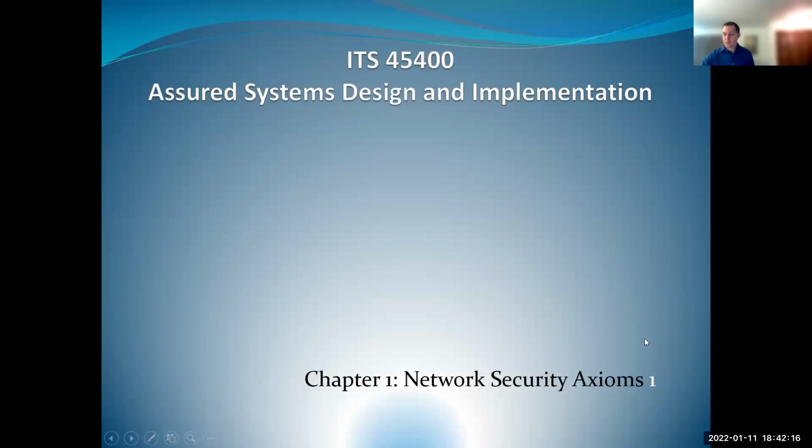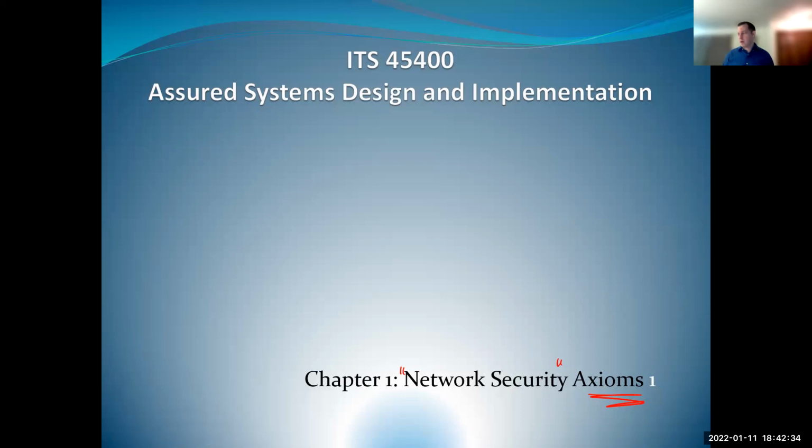All right, so let's start with network security axioms, right? And these are just kind of like pillars of network security in a sense, although we are building on top of the pillars of information assurance.